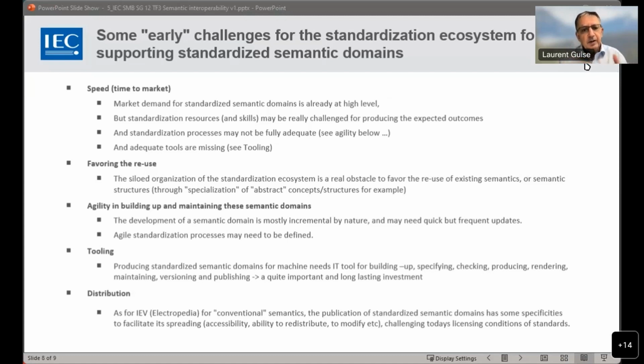So we don't have, for example, any kind of governance to push for the reuse of existing semantics, to prevent inventing new data while they already exist in other domains, or to reuse, as it is shown here, abstract concepts which can be specialized in different structures. So today reuse is really one barrier. It is absolutely not given.